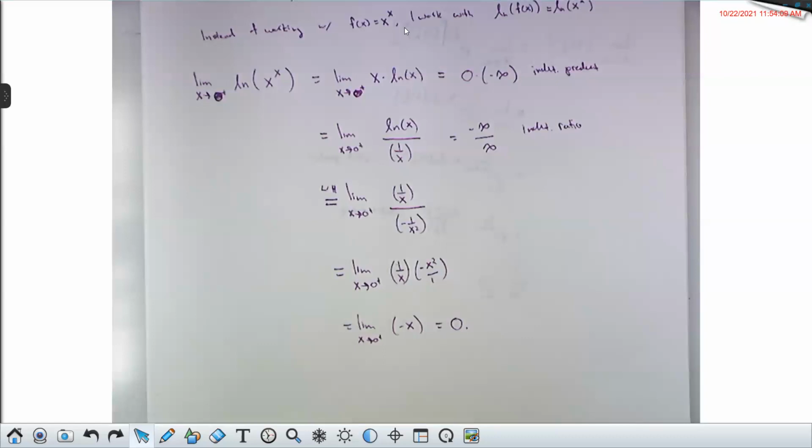So our final answer will be 1. Good. So the natural log of my function tends to 0.